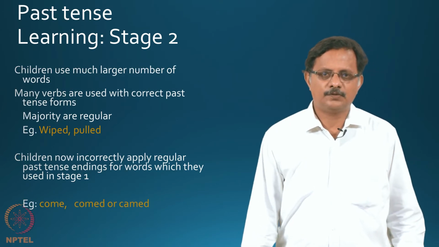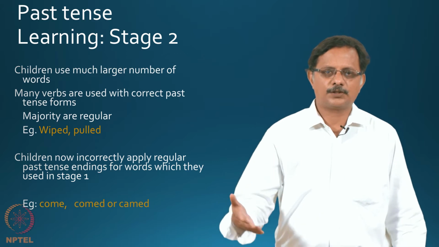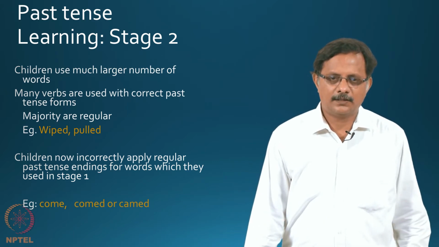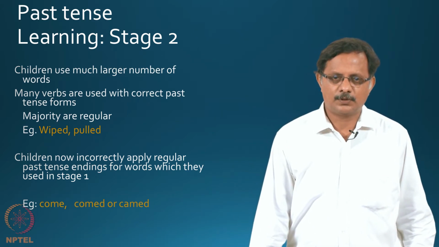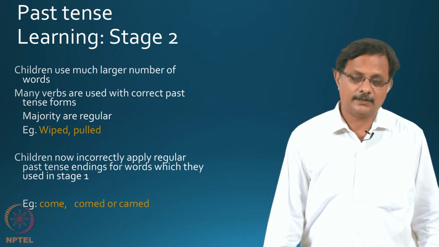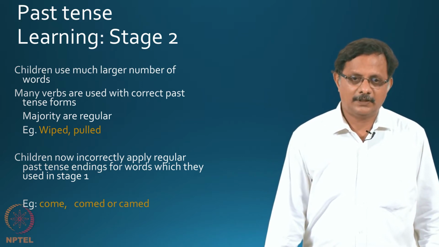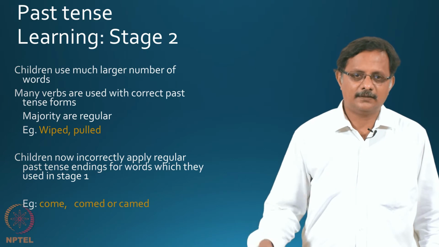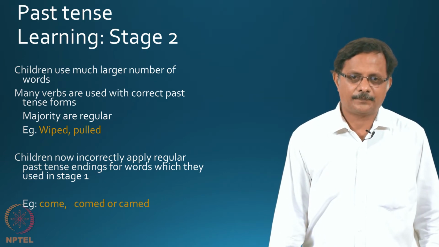Then comes stage 2, where they are exposed to a much larger stock of words, and it turns out that a majority of the words that they are exposed to in the second stage are regular. So, for example, wipe and wiped, and pull and pulled. So, they have this standard d or ed ending.